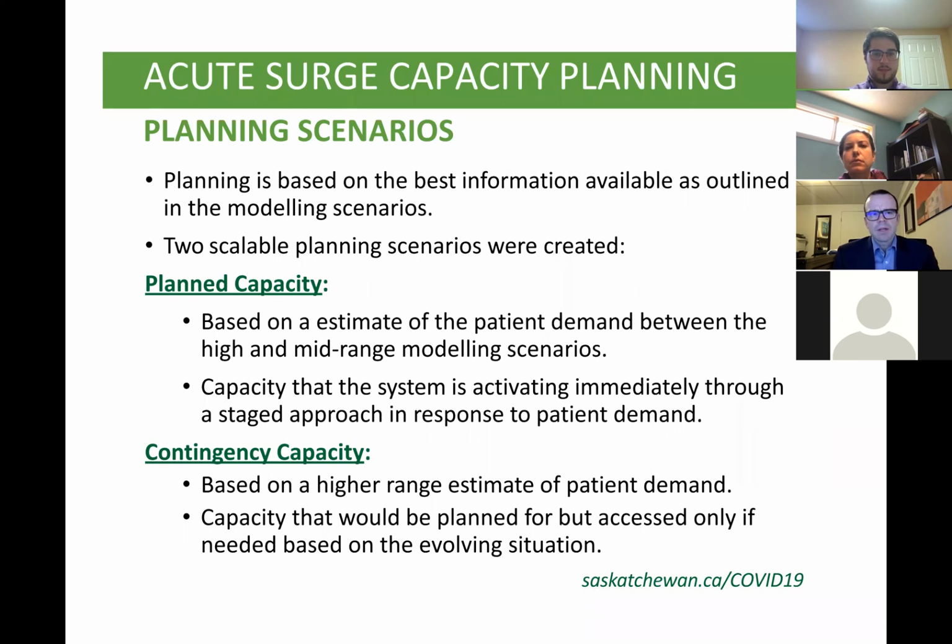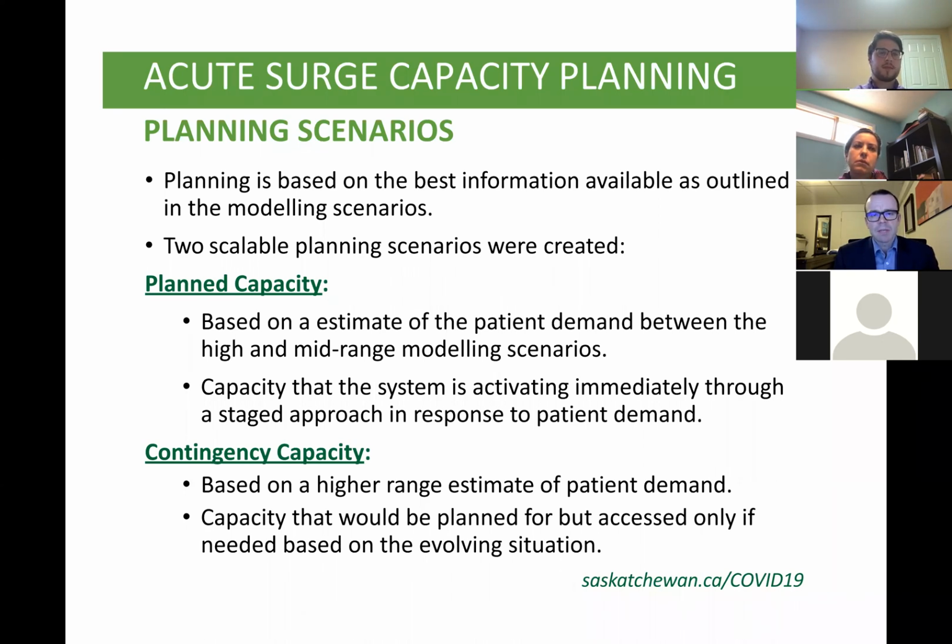We established two planning scenarios to help us determine how much additional capacity is required. And you may have seen last week when we provided this information publicly, there were modeling scenarios built into that presentation where we have projected a number of different potential scenarios that allowed us to pick a capacity number that we could plan to.